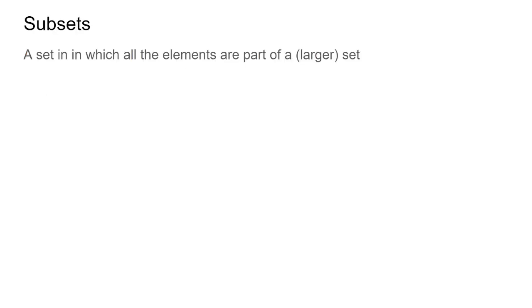Subsets are sets in which all the elements are part of a larger set. I put larger in brackets because there's one exception.